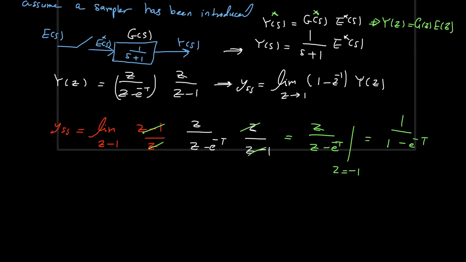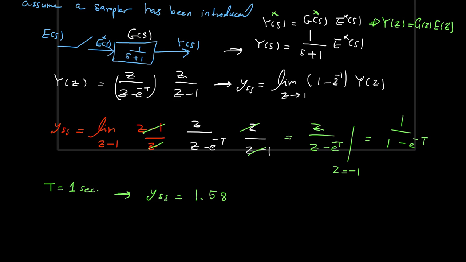So if we assume that T is equal to 1 second, this means that Y steady state will equal 1.58, which is not identical to the continuous time system.